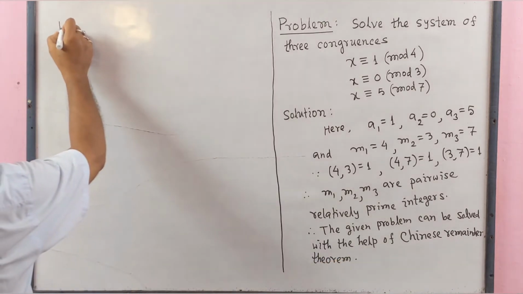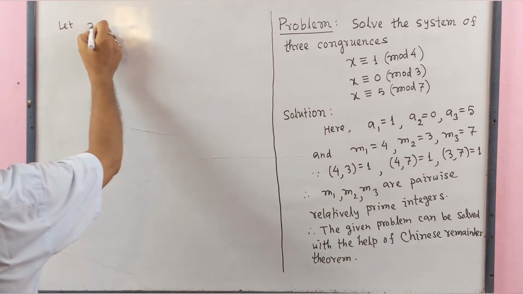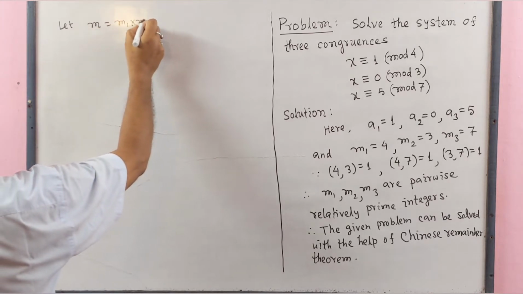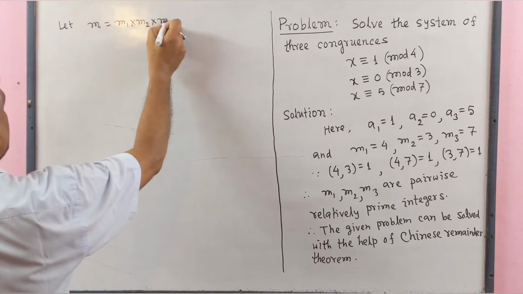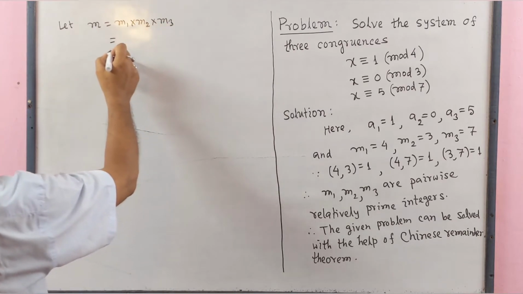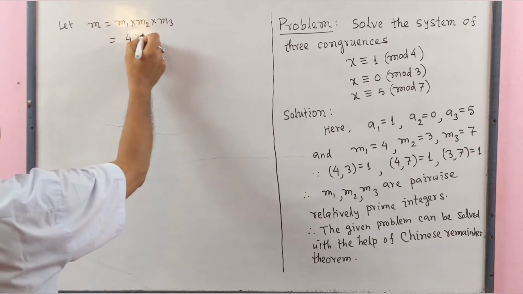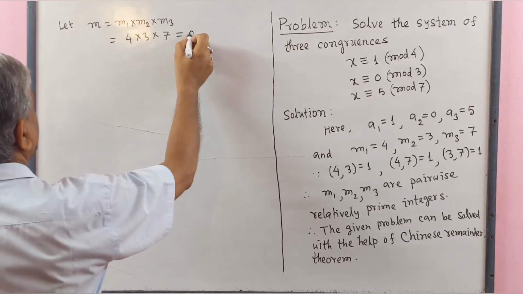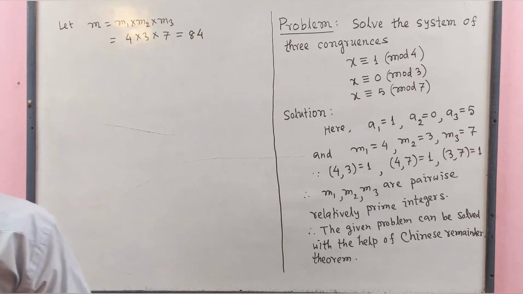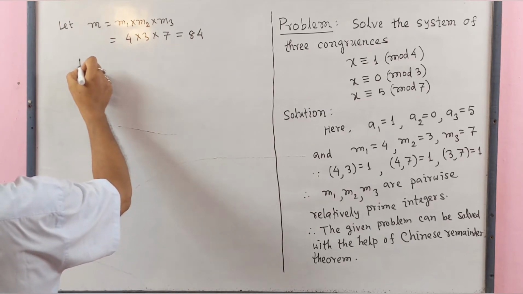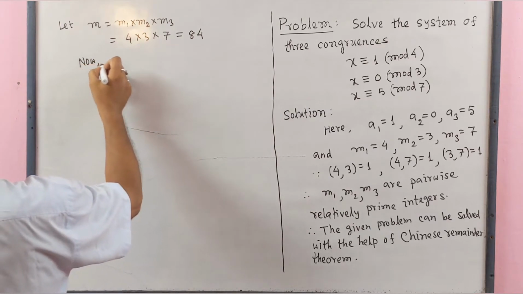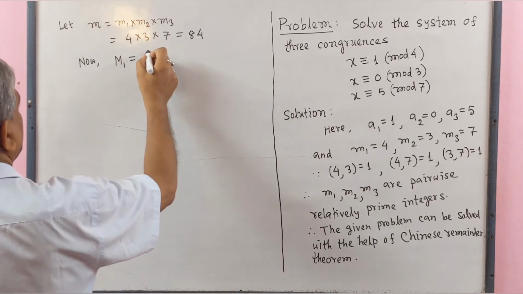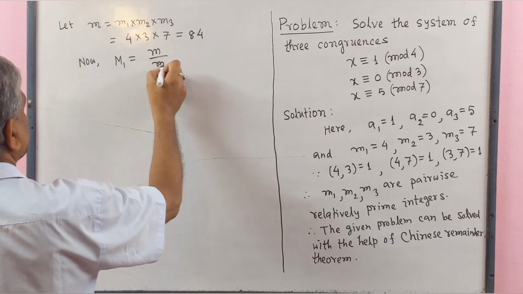Let small m equal to m1 multiply m2 multiply m3. m is 4 multiply 3 multiply 7 equal to 84. Now, capital M1 equal to m by m1.